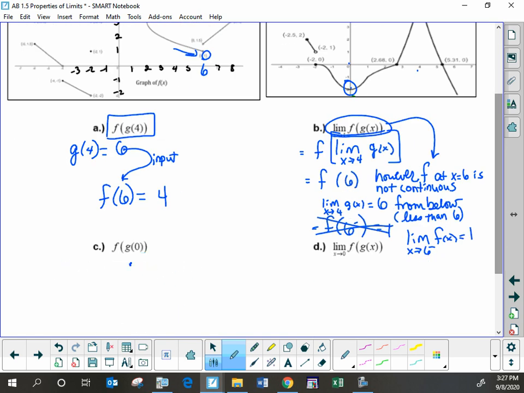I take that and plug it into the outer function, and I'm looking at f of -2. I want not the limit information, but rather the actual point of the function, and that has a height of 1. So f of -2 equals 1.